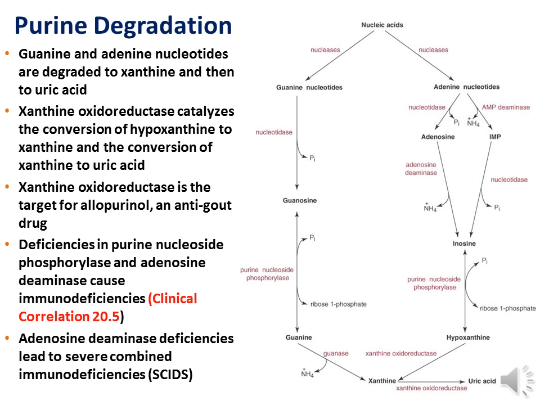You need to know that xanthine oxidoreductase is the target for allopurinol, an anti-gout drug. Deficiencies in purine nucleoside phosphorylase and adenosine deaminase cause some significant immunodeficiencies, and these are detailed in Clinical Correlation 20.5. So for example, adenosine deaminase deficiencies lead to severe combined immunodeficiencies, which are referred to as SCIDs.